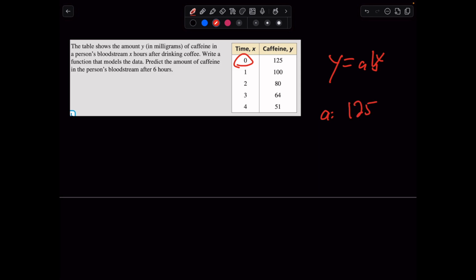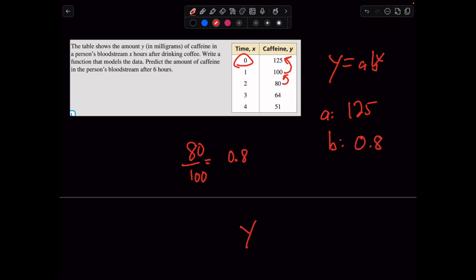So now B, little trickier, I will grant you. We're going to be dividing this by this, or this by this. It doesn't matter. It's all the same answer in the end. So I'm just going to go 80 over 100. That's 0.8. So my B is 0.8.